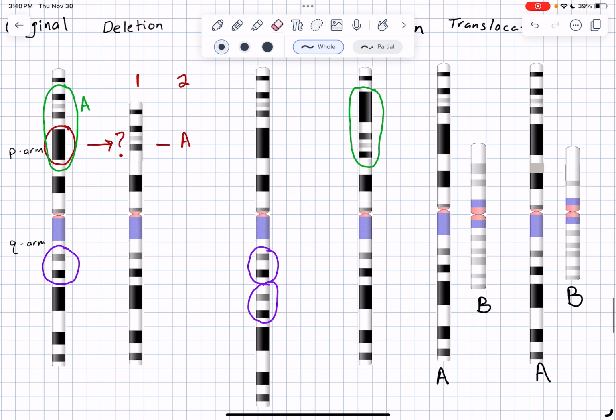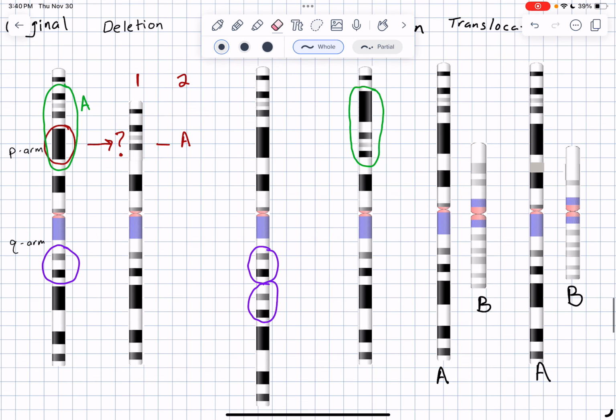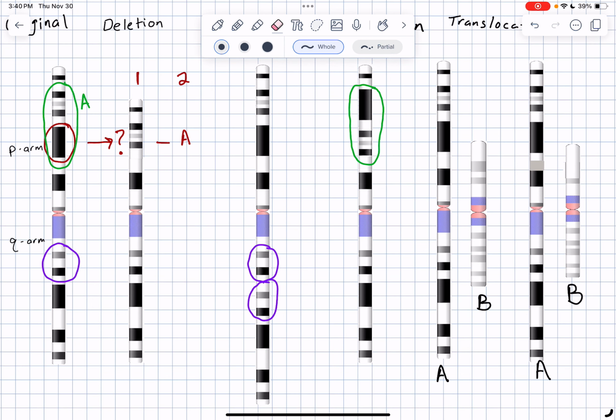The final one that causes problems is often referred to as an incomplete trisomy or an incomplete monosomy. With our incomplete trisomy, which is typically what ends up happening, the genes will swap, but they'll swap between different chromosomes.